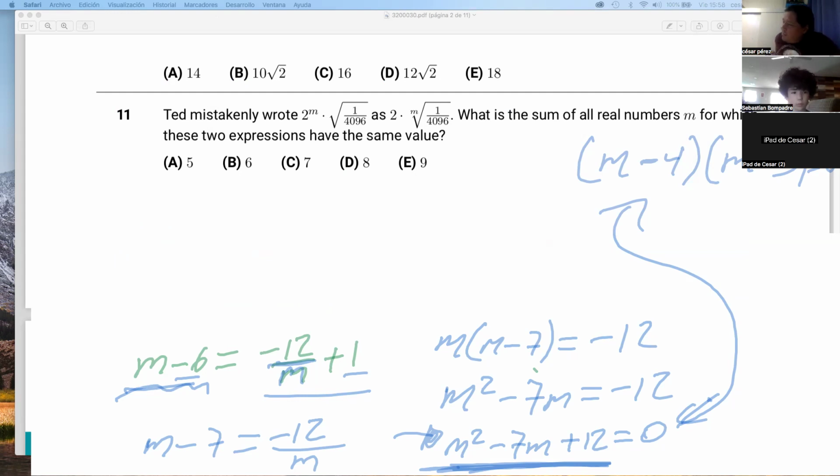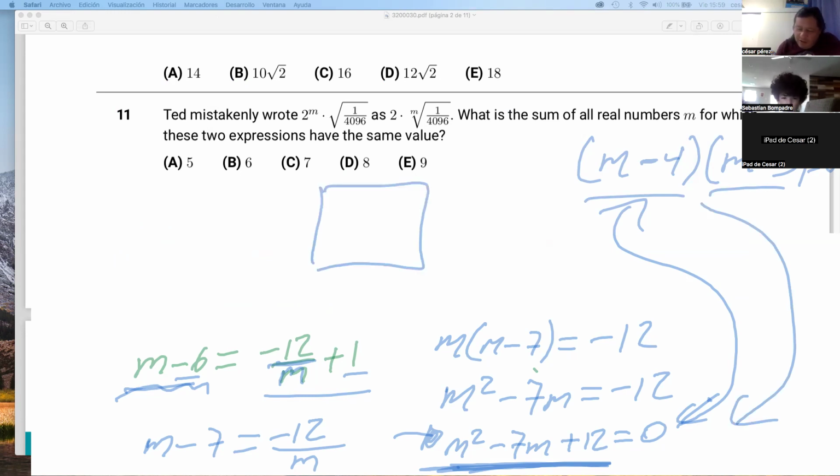If we can factor a polynomial, we will get something like this. If we multiply m minus 4 and m minus 3, we will get m squared minus 4m minus 3m plus 12, which gives the 7.